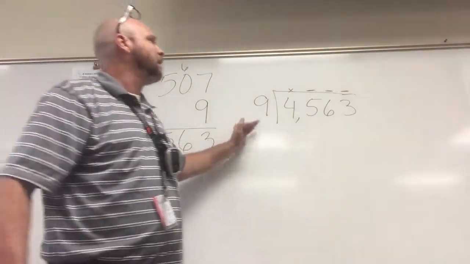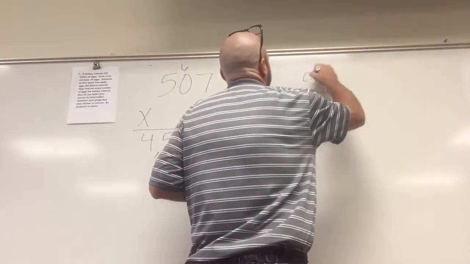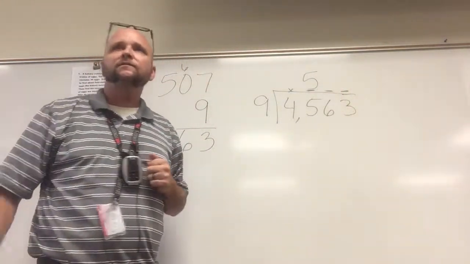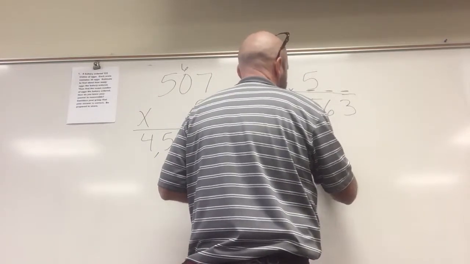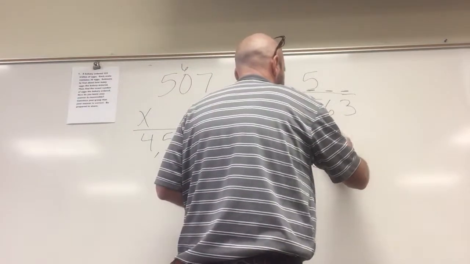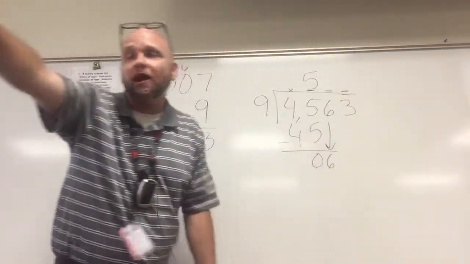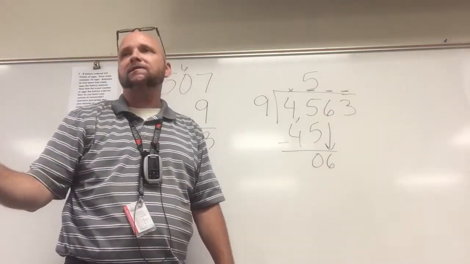All right, so how many times does 9 go into 45? 5 times. And 5 times 9 is 45. Subtract, I get 0. I pull down the 6. This is where I've seen kids make mistakes in the past.